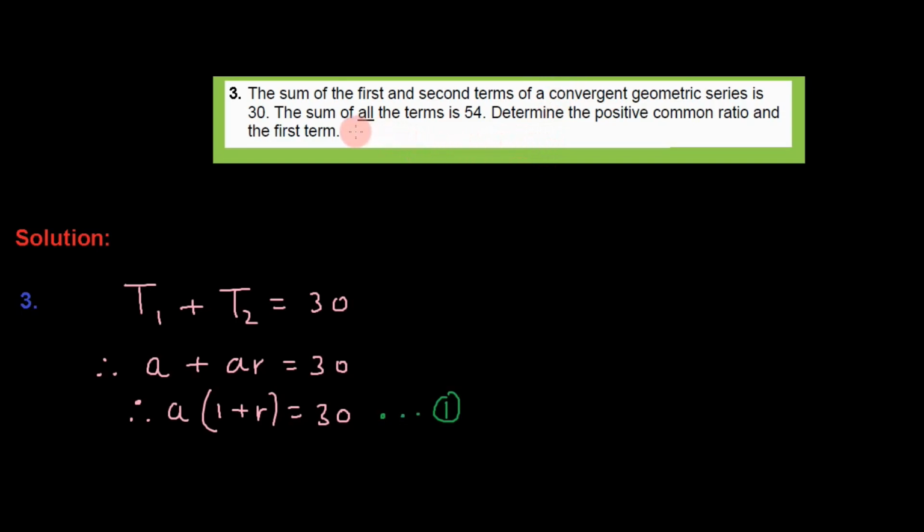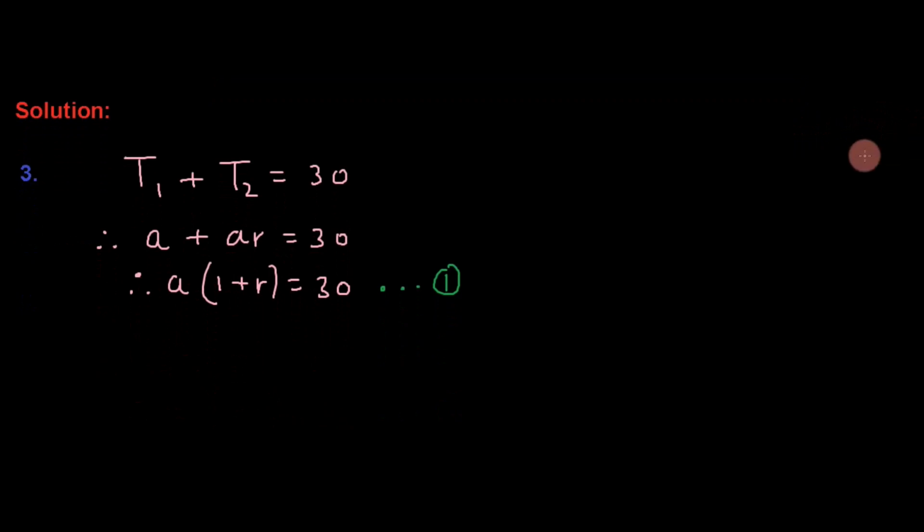Then it also says the sum of all the terms is 54. So that means that the sum to infinity is 54. And in using the equation for the sum to infinity, A over 1 minus R. So A over 1 minus R is 54. And this we can call equation 2.